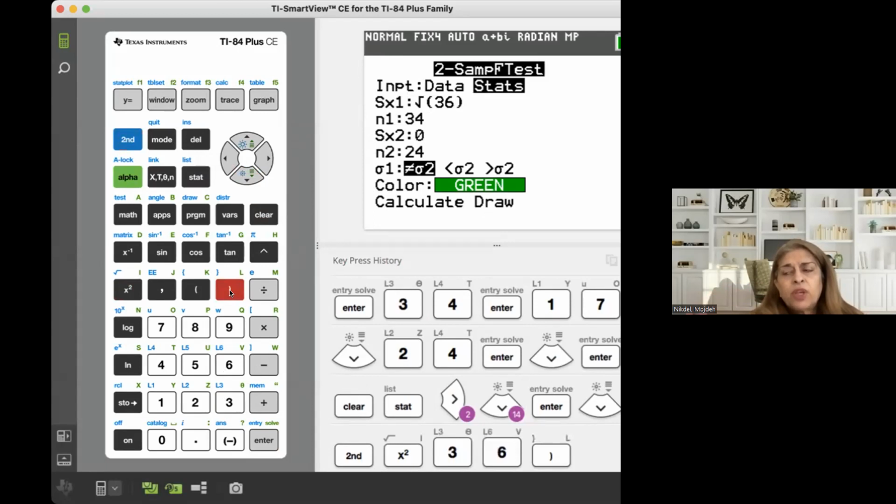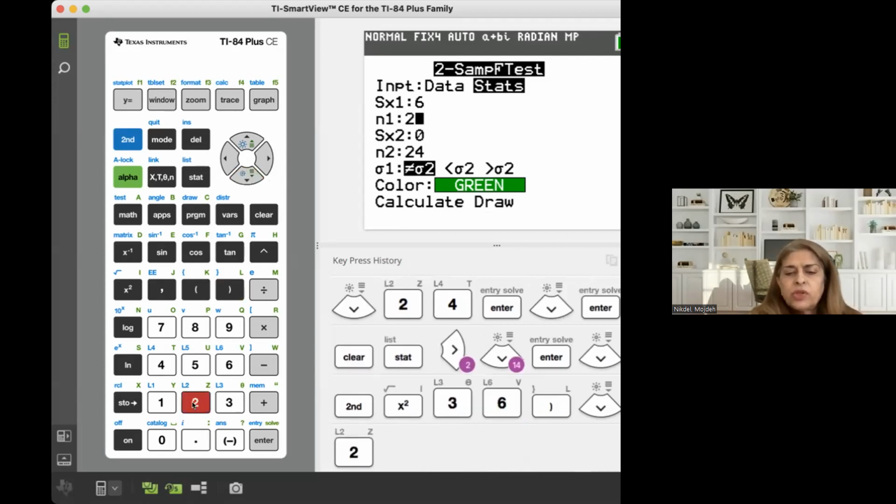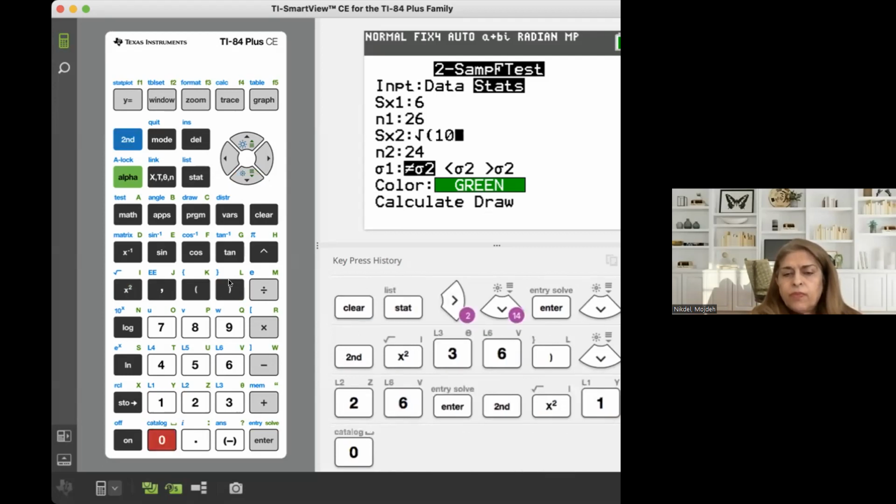Please focus. Do not put S square sub 1 for S sub 1. You have to take the square root. What is N1? 26. What is S2? Square root of 10. What is N2? 18.